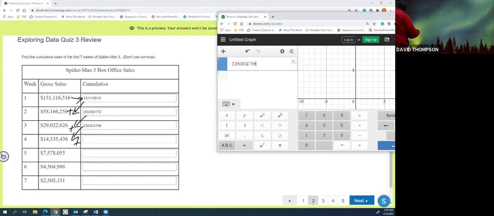238,304,798. If you accidentally cleared it out, just copy your last line and just add the next line. 14,335,436. So I get 252,640,234.